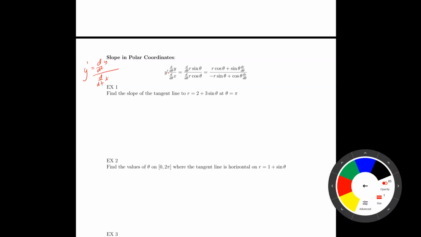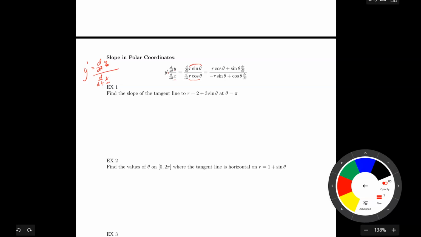The trickier and harder part about this is that before, y was given to you in t's, and x was given to you in t's. Now we have to use what y is equal to. So remember that conversion factor, r sine theta, and x was r cosine theta. So in order to do this derivative, we need product rule.